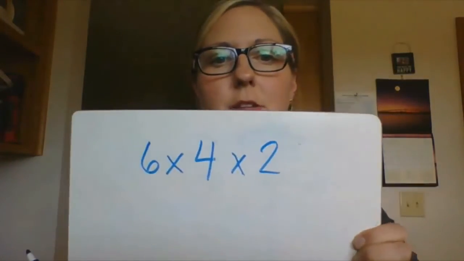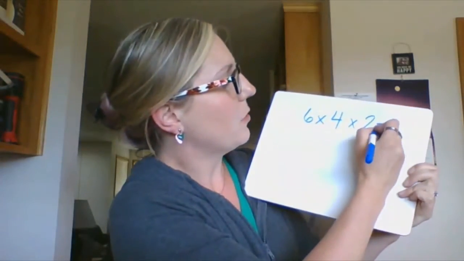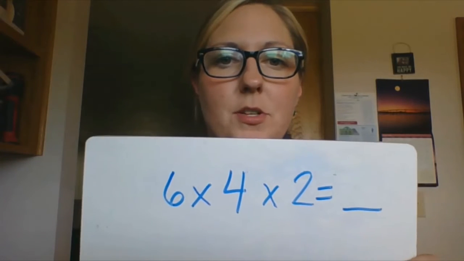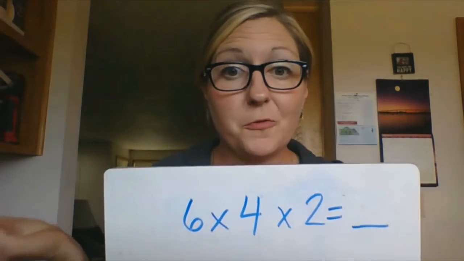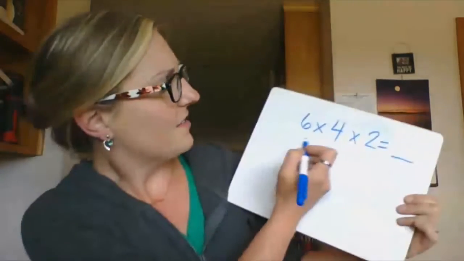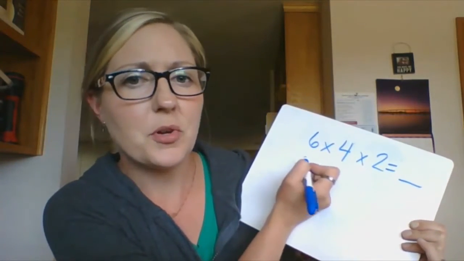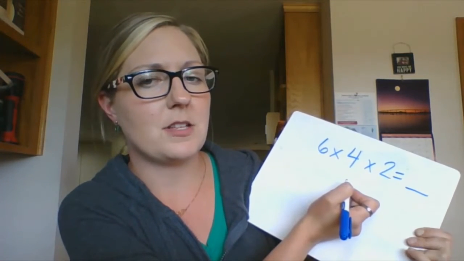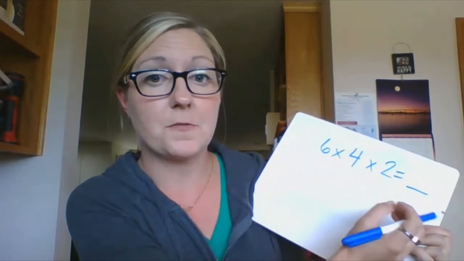In other words, say you have an equation like, whoops, let's make it an equation, put my equal sign there. 6 times 4 times 2. Maybe when you first look at this equation, you might think, 6 times 4, I don't know that off the top of my head, and I might not feel like that's an easy way to group my factors first.